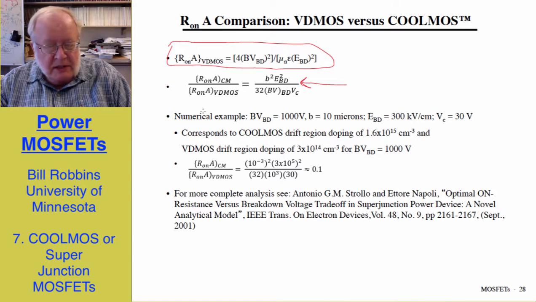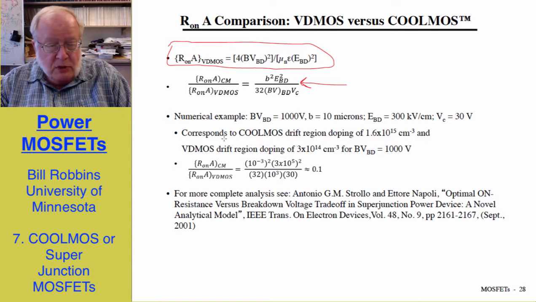It's best illustrated perhaps by a numerical example, so I will assume a breakdown voltage of 1000 volts, a dimension B equal to 10 microns, and I'll use the standard breakdown field strength of silicon, 300 kilovolts per centimeter, and a voltage V sub C of 30 volts where depletion first occurs in the drift region.